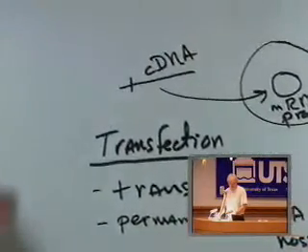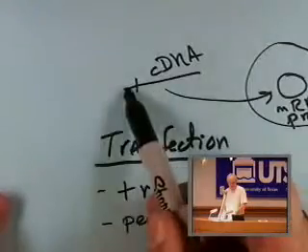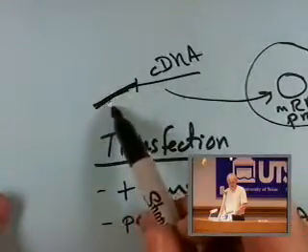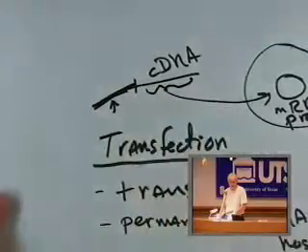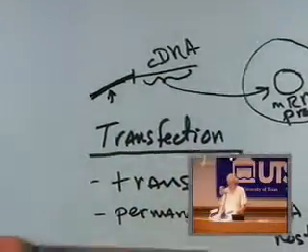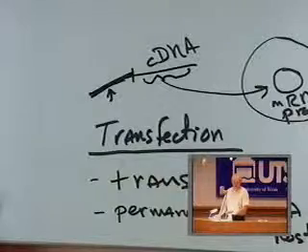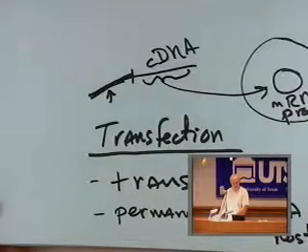And of course, what we're focusing on is getting a promoter region of interest into the cell, and then focusing on the gene product. Can we get a functional response that is dependent upon the promoter region?